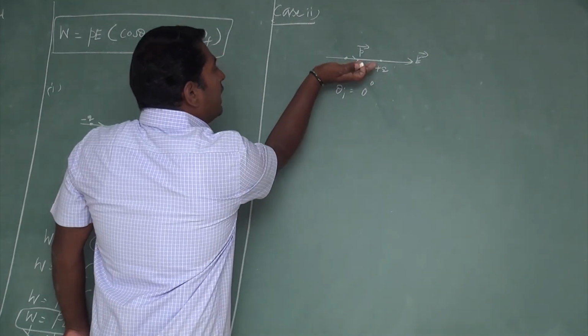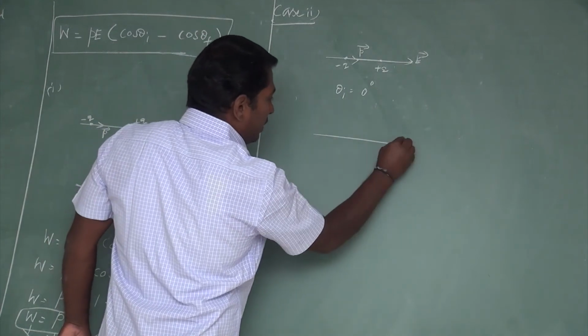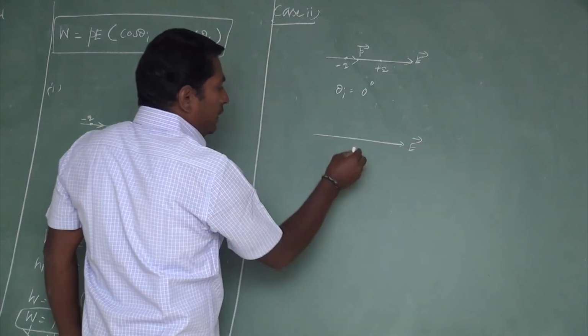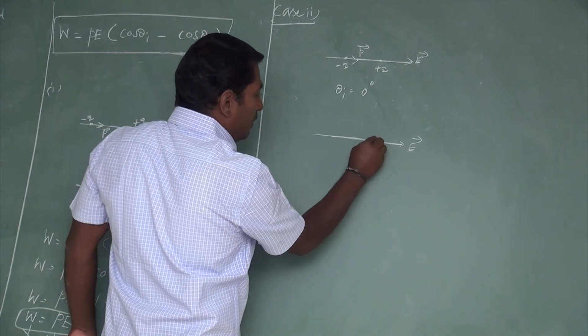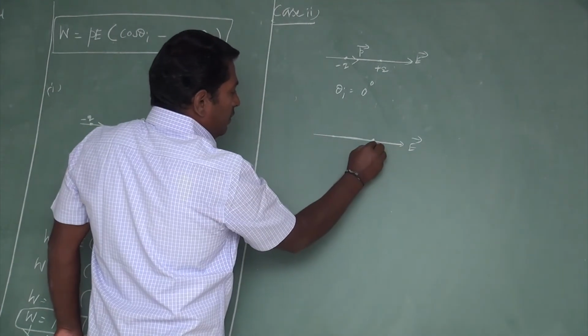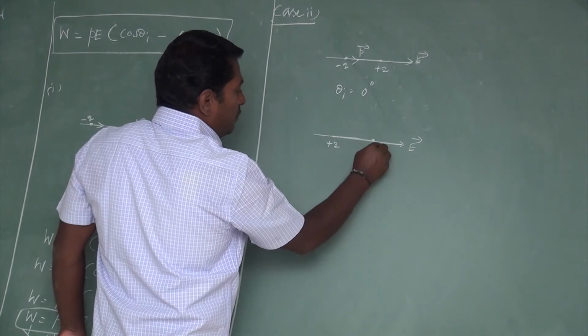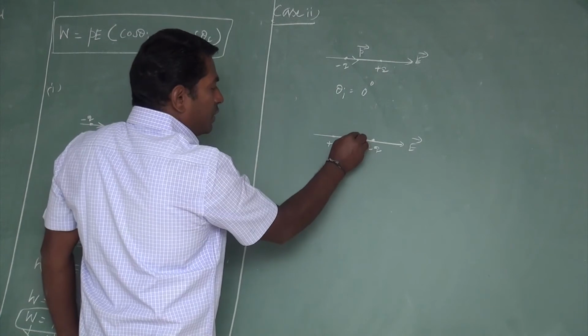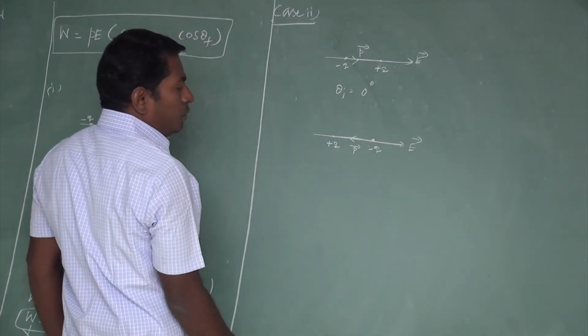Now, the dipole is rotated from axis parallel to anti-parallel direction of electric field. See the final position of the electric dipole. Plus q charge and minus q charge. Direction of electric dipole moment acts from minus q charge to plus q charge.